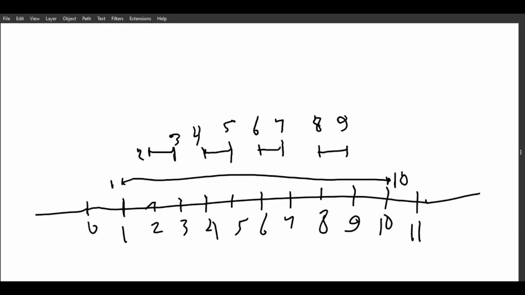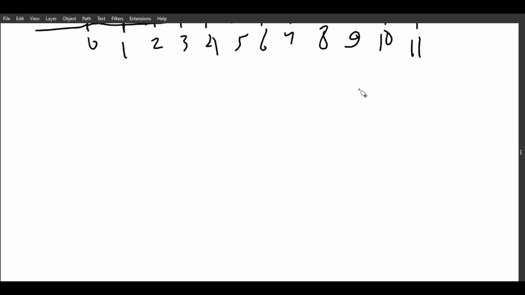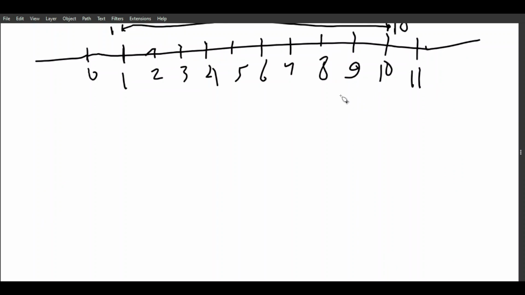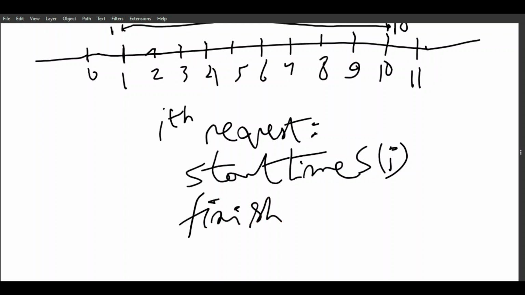The problem we define as: we are given a set of requests, numbered 1 up to n, with start times and finish times. For the ith request, we denote the start time by si and the finish time by fi. So this notation we use.